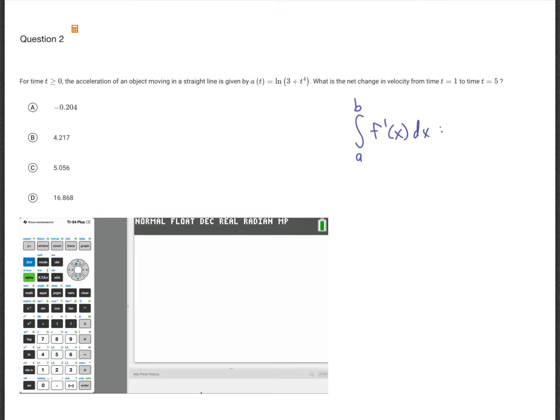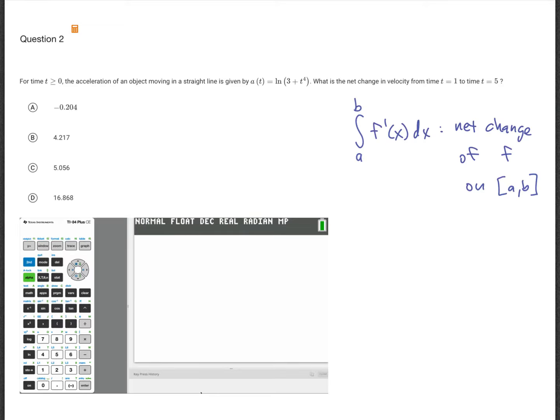Okay, and so this is the net change of f on the interval from a to b. Notice if we want to find the net change of a function, we're integrating its derivative.